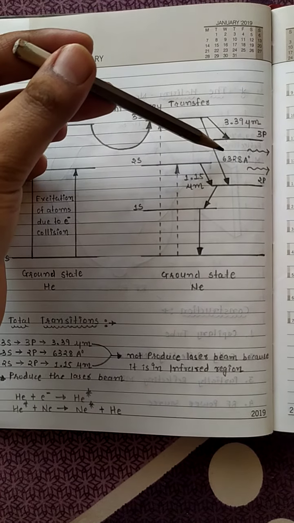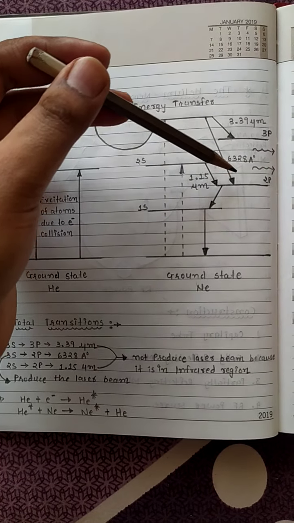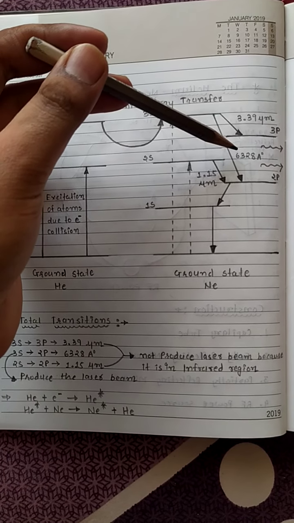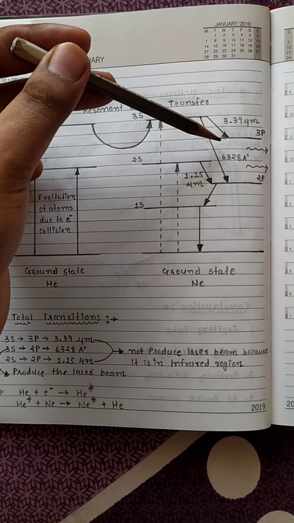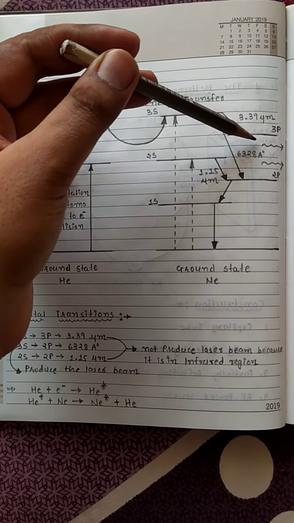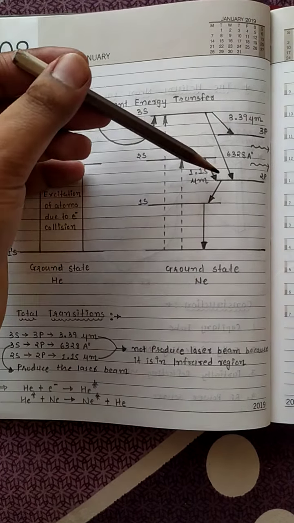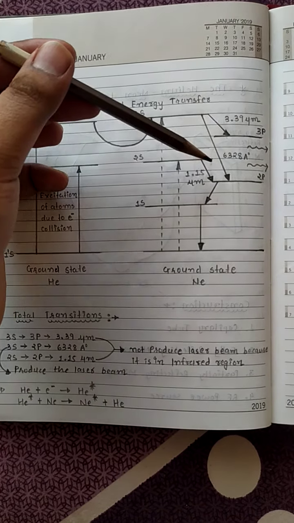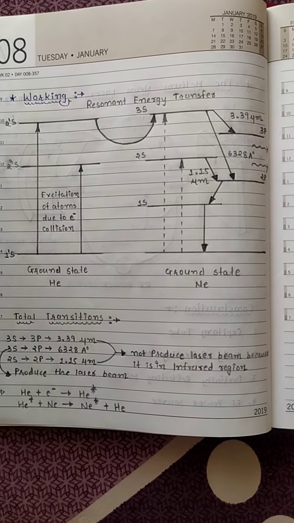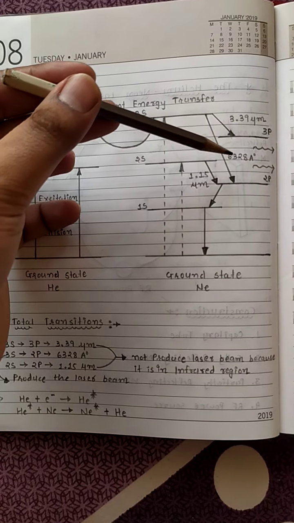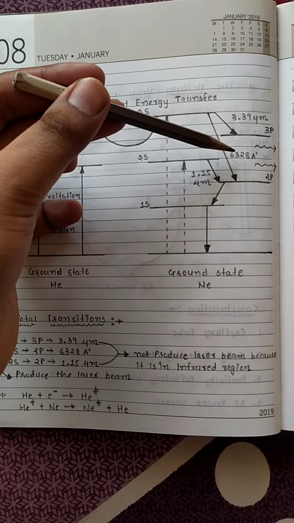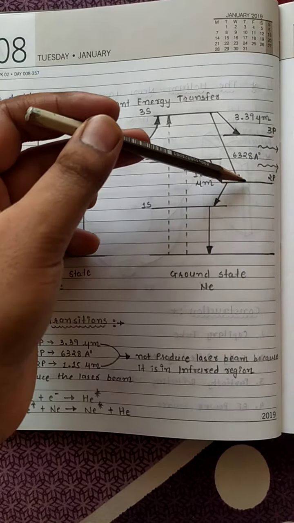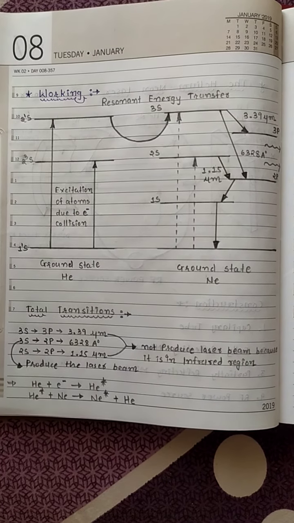In the 3s to 2p transition, we get a laser beam in the form of red color. More photons collide between the fully reflecting mirror and the partially reflecting mirror in the capillary tube, and we get the laser beam on the 3s to 2p transition.